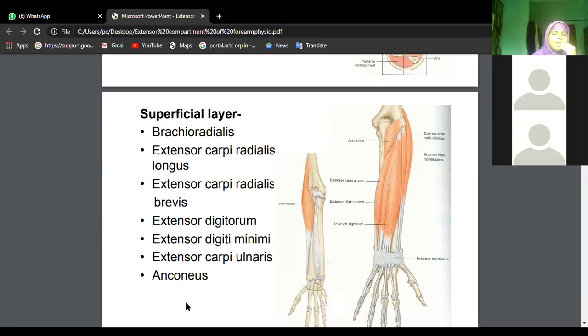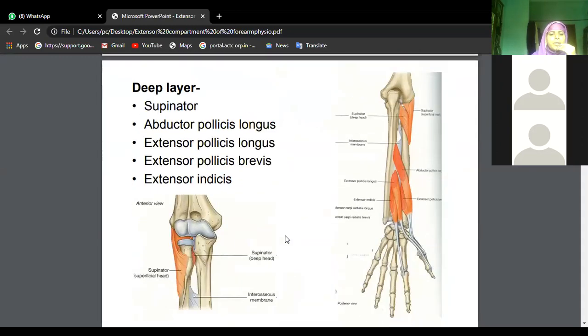So these are all the muscles we see in the superficial layer. I repeat: brachioradialis, extensor carpi radialis longus towards the thumb, extensor carpi radialis brevis, extensor digitorum, extensor digiti minimi, extensor carpi ulnaris, anconeus.